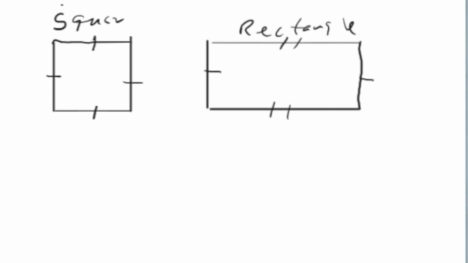So we can label them. Because all the sides are equal, we could say they are all the length. For the rectangle, we can call the longer side the length and the shorter side the width.